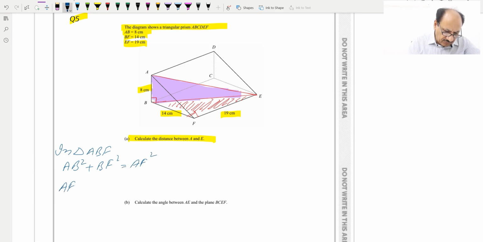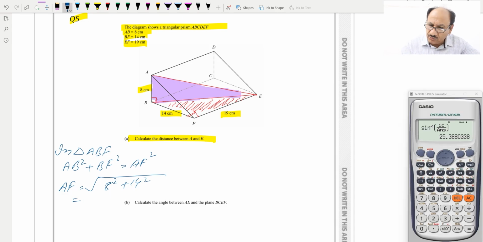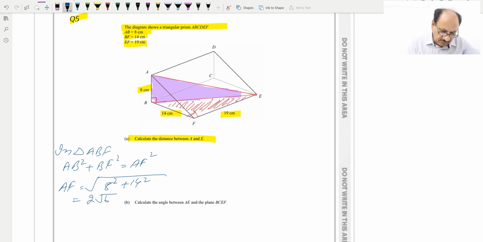So AF will be equal to square root of 8 square plus 14 square, and this is equal to 2 under root 65.